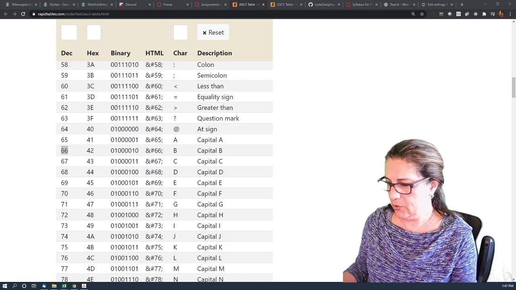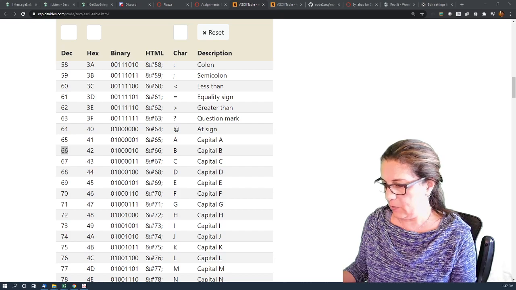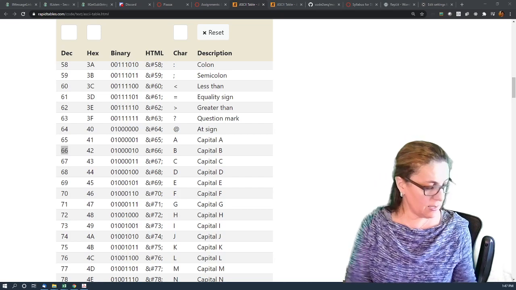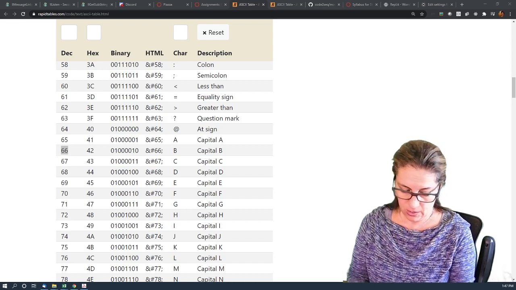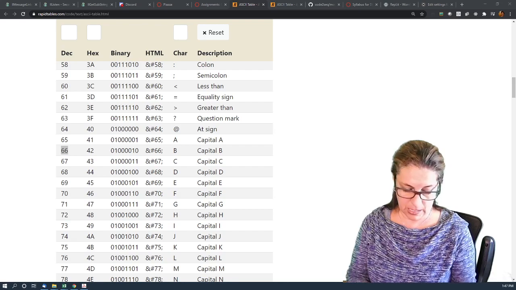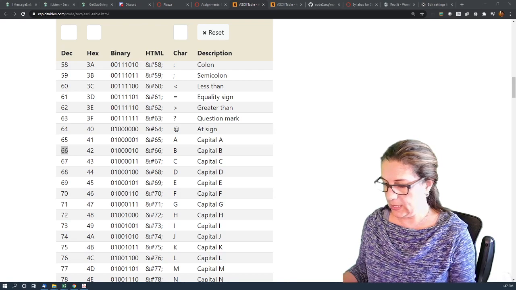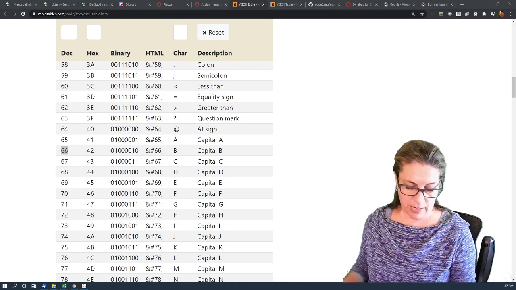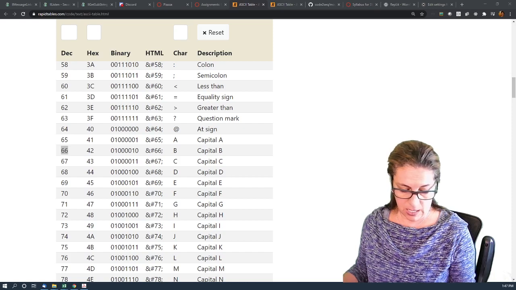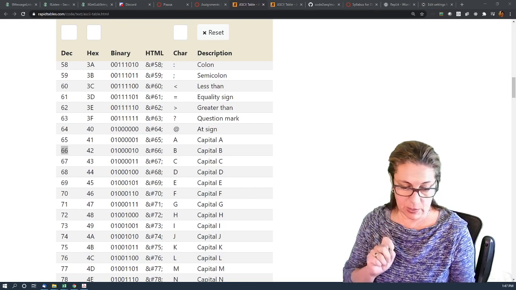So remainder 2. So this is 0, 1, 2. All right, and then it's 16. So now you divide 16 by 4. It's 4, remainder 0. So this is 0. And then 4 divided by 4 is 1, remainder 0.